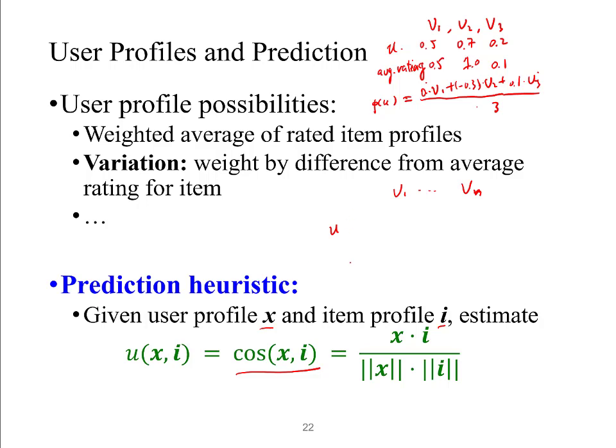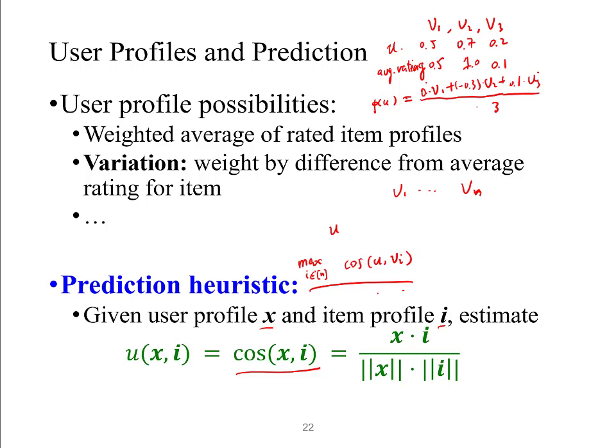We compute cosine of u and vi, and we take the maximum vi as the returned result. So this is the first item that we should recommend to the user, unless it is already rated by the user. In that case, we would take the second one, the third one, and so on and so forth.